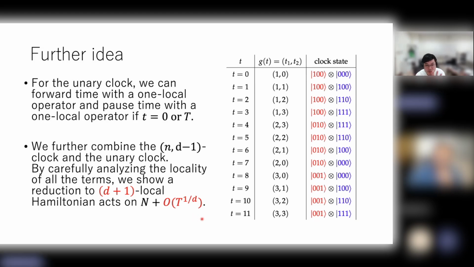By combining the unary clock, we can reduce further the locality of operators, and we finally have a D plus 1 local Hamiltonian. The size overhead is D to the 1 over D. There are many conditions and terms, and to claim this result, we need to do a very careful analysis of the whole Hamiltonian.